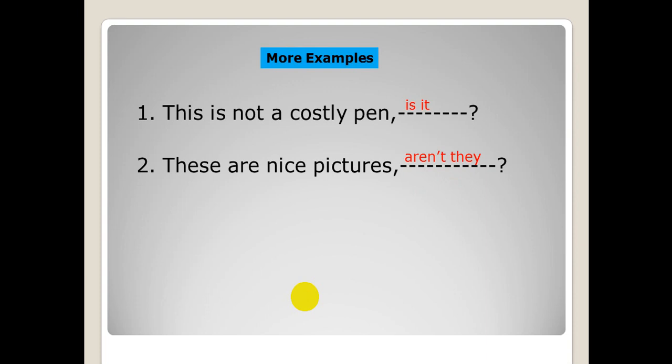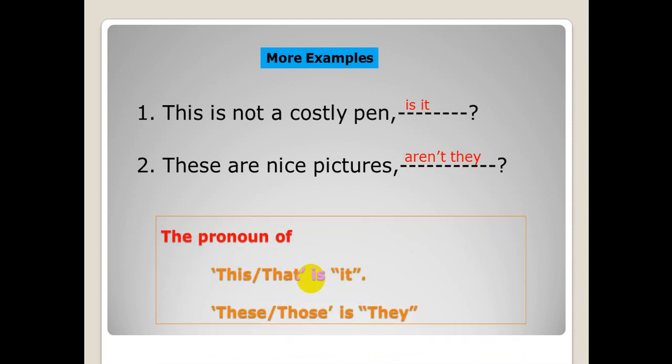The helping verb is are, the statement is affirmative, so the tag is negative, and the pronoun is they. So this is the explanation: the pronoun of this is it, of these or those is they. So for this you have found the pronoun of tags: it and they.